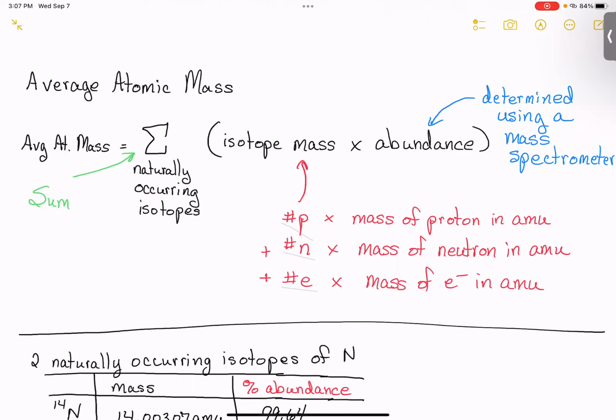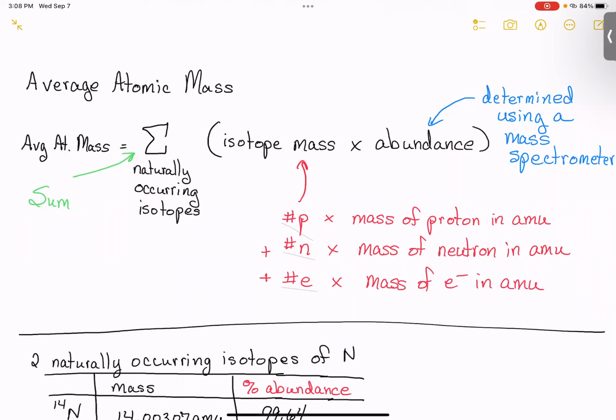So each one of those subatomic particles, if you will recall, had a mass. They do not lose mass. So that means that if you have hydrogen, which has 1 proton and 1 electron, then you would expect hydrogen's mass to have the mass of a proton plus the mass of an electron, because each one has a mass.